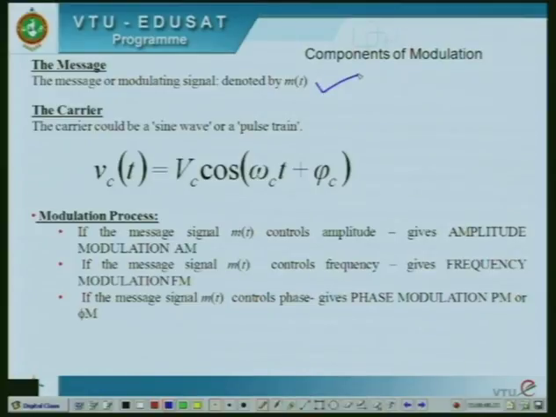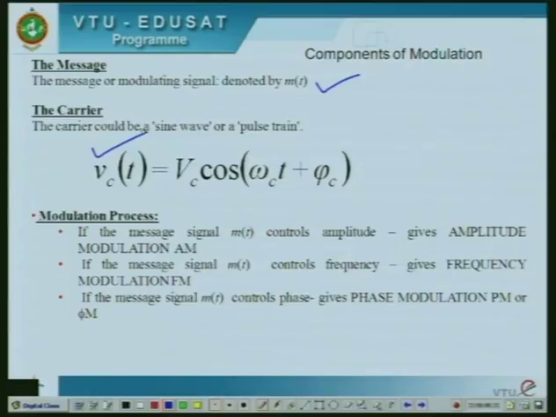M of t is the baseband signal that is coming from a sensor. Now, for this signal to be modulated, we have a carrier signal called Vc of t. Vc is the signal that is used to carry the modulating signal m of t.